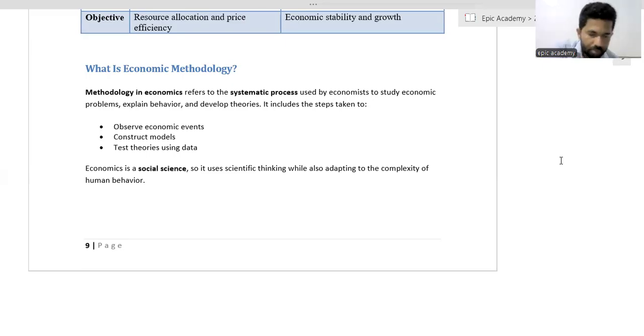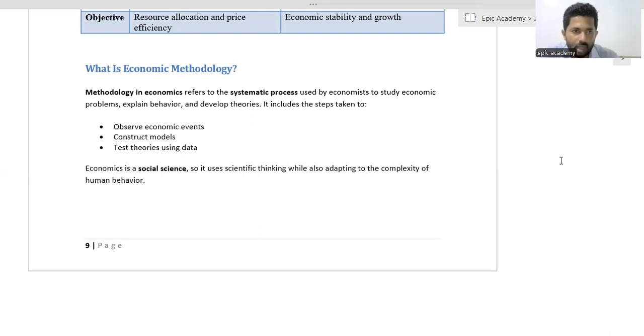So we need methodology to understand the process of any kind of activity. Without methodology, we cannot gain a proper understanding of the process of economic activity.